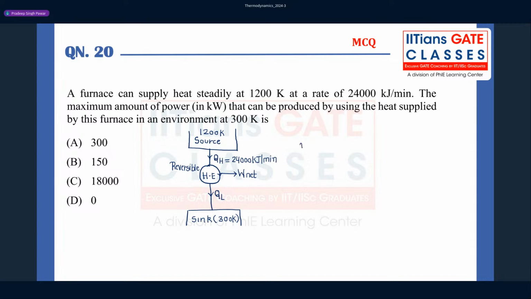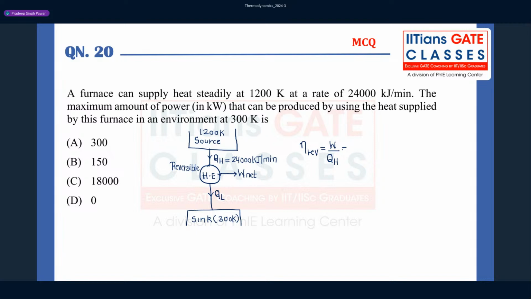So we know the efficiency of the reversible heat engine, which is nothing but the net work produced by the reversible heat engine upon the heat or the energy that is supplied to the engine. So this is the definition of basically the efficiency which is valid for reversible and irreversible cycle.